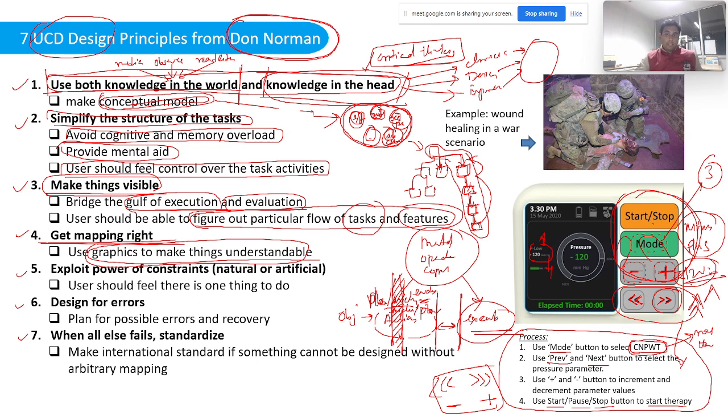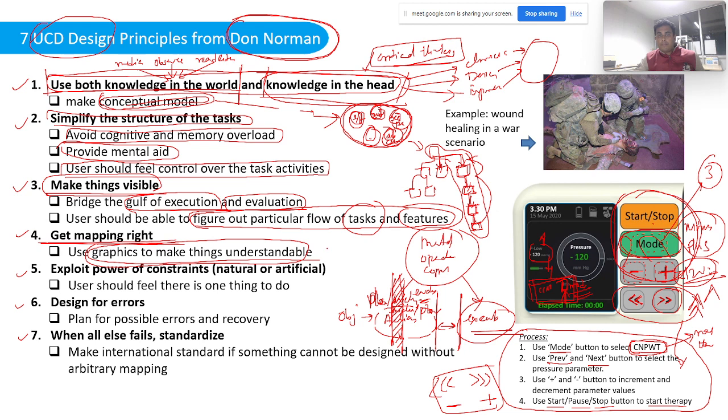But if you use symbols or graphical information, for example a small animation showing how to choose this particular therapy, like for CPAP press this particular button, then arrow, arrow, arrow, mode. This will help map the intuition perfectly to what the design intends.